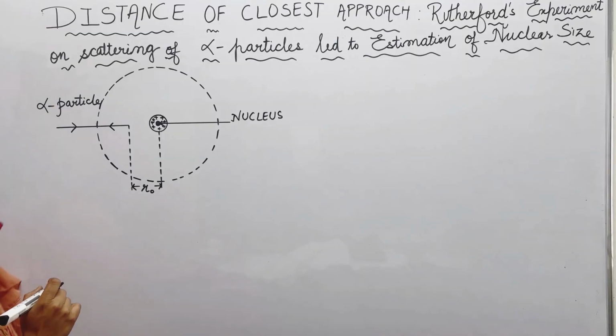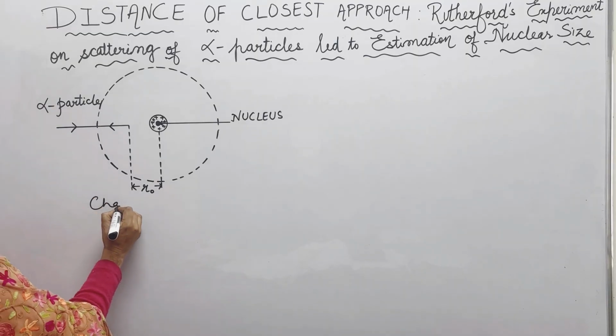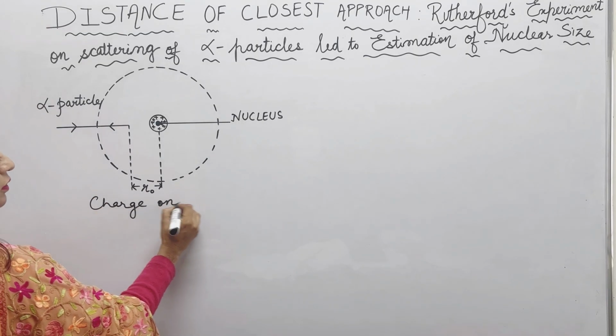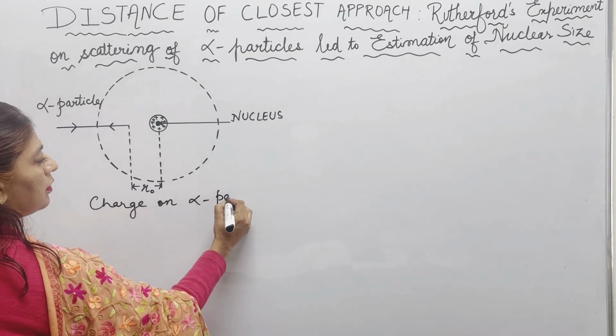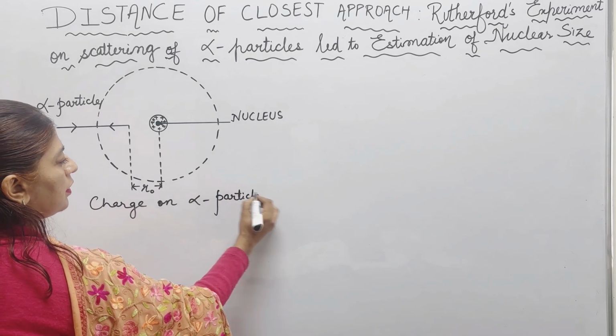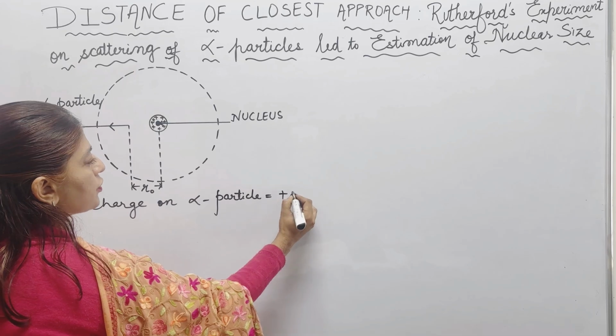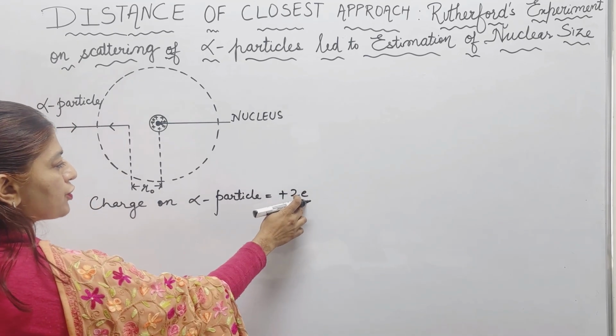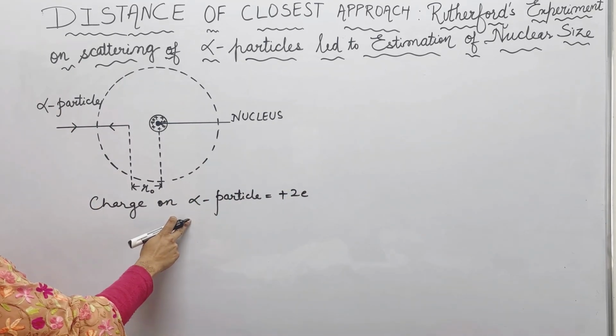Now, the charge on the alpha particle is equal to plus 2e, where e is the charge on the electron, because the alpha particle is positively charged.